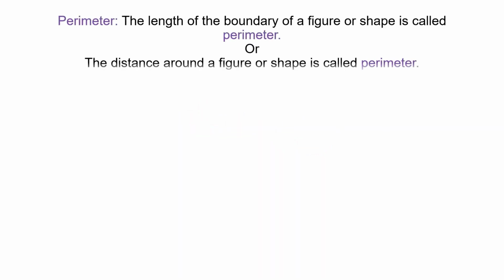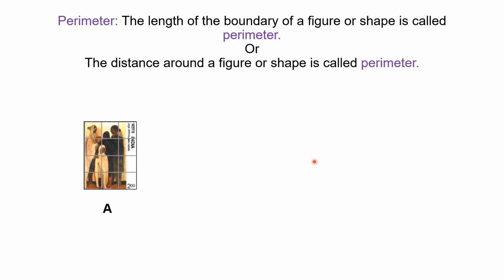Perimeter. Let us know the meaning of the word perimeter. The length of the boundary of a figure or shape is called perimeter. It has another meaning. The distance around a figure or shape is called perimeter.